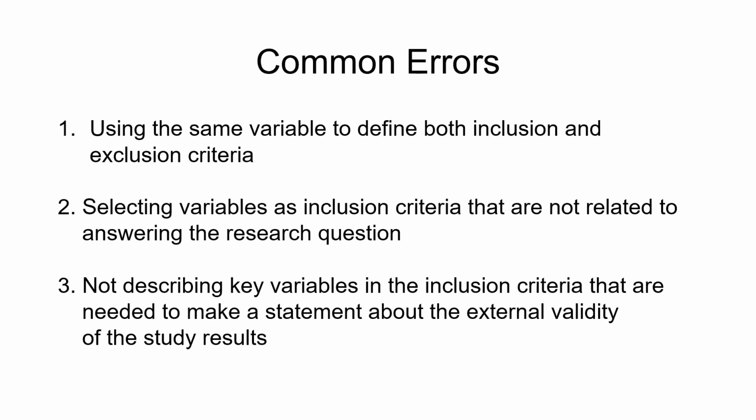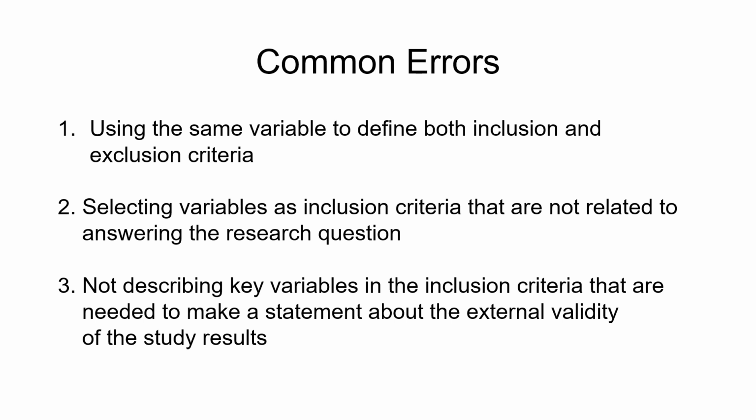For example, in a study about the effectiveness of a new medication, including an inclusion criterion that is based on a patient's political affiliation. This has no bearing on the study's outcome and unnecessarily restricts the sample size.